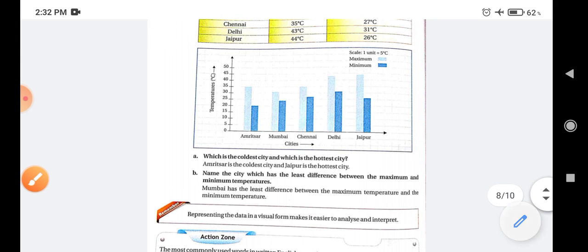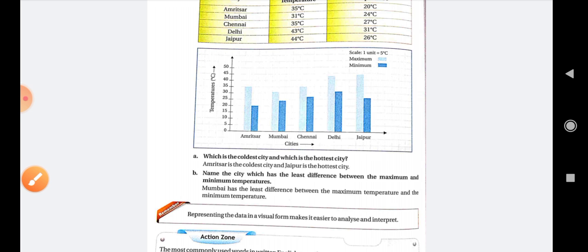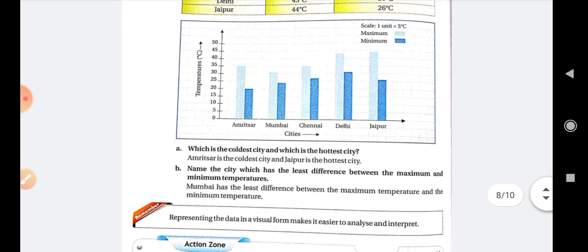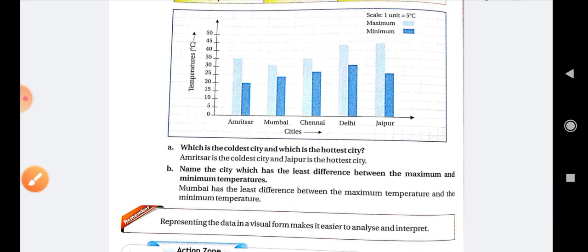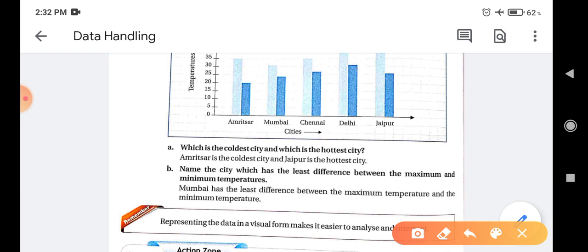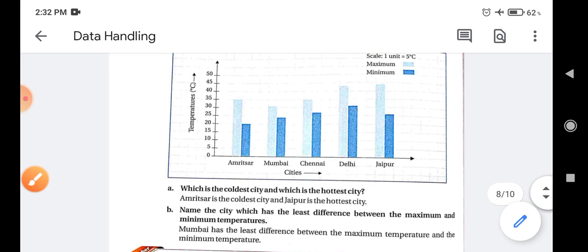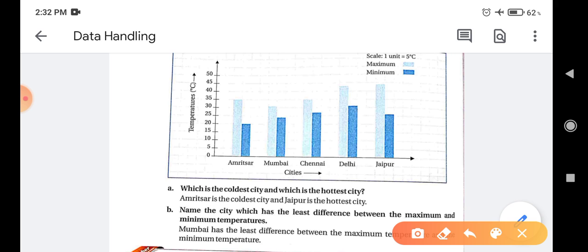And then we have to answer some questions. Which is the coldest city and which is the hottest city? It can be shown from the graph. The minimum temperature means coldest and the maximum temperature means hottest.